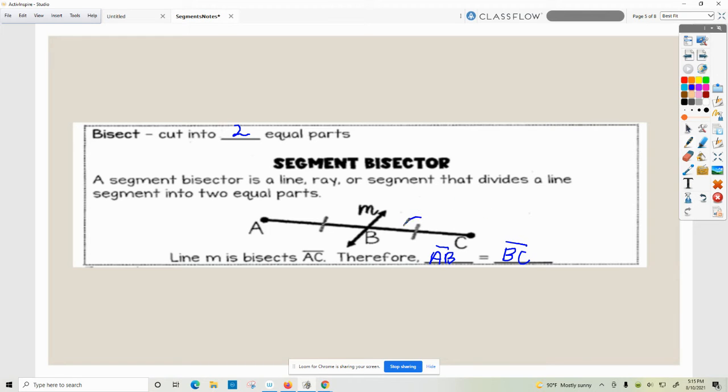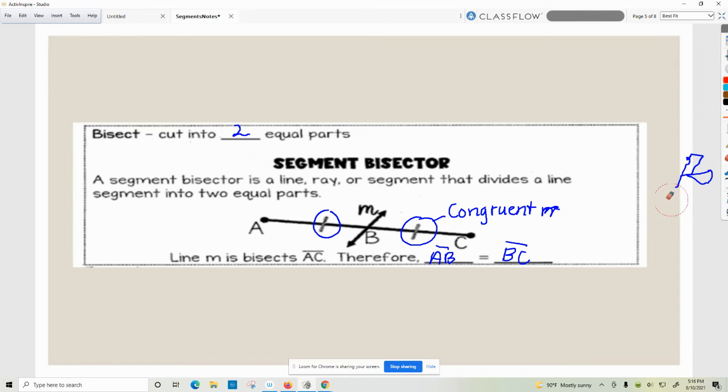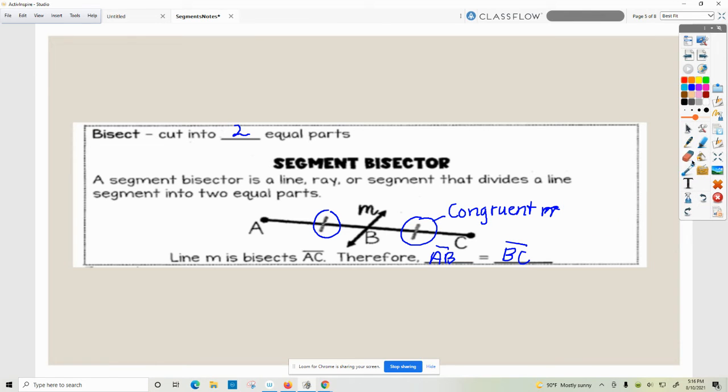And these little markings right here are congruent marks.